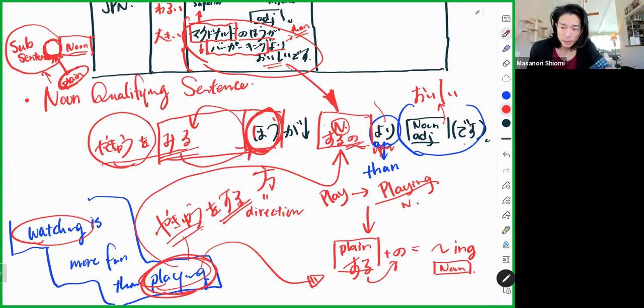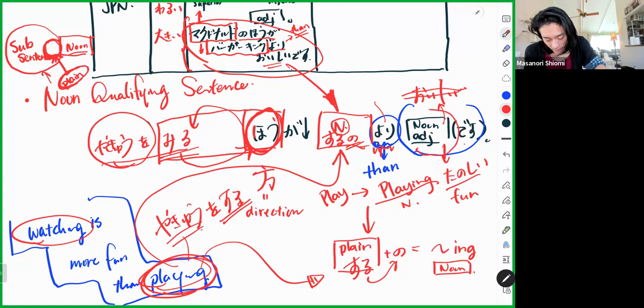By putting no, it has now become a noun. するのより instead of おいしい。楽しい。楽しいです。楽しい means fun. Again, the adjective here or noun here, we don't need to change at all, which is a good thing. We don't need to conjugate, just as is, we put it.